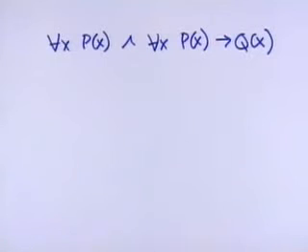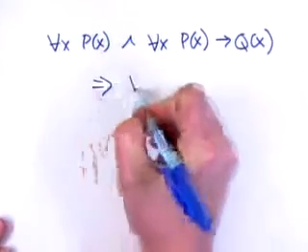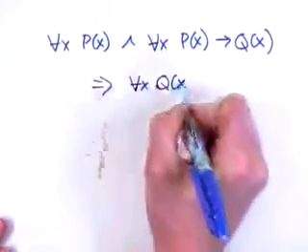If I know those two, you all know a rule that will tell you something else true. Modus ponens, right? If all the p's are true and all the p's imply q's, then all the q's must be true. So this logically implies for all x, q of x.